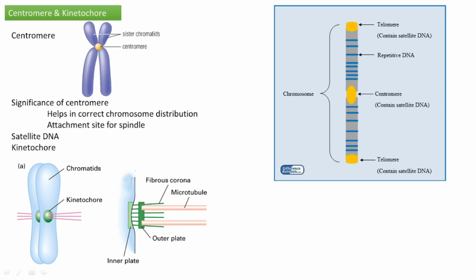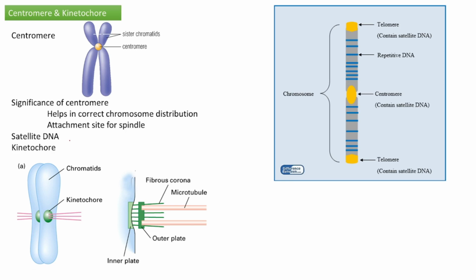Then what is satellite DNA? Satellite DNA are repeated DNA sequences. DNA is formed of nucleotide subunits, and satellite DNA are those portions of DNA containing so many repeated sequences.